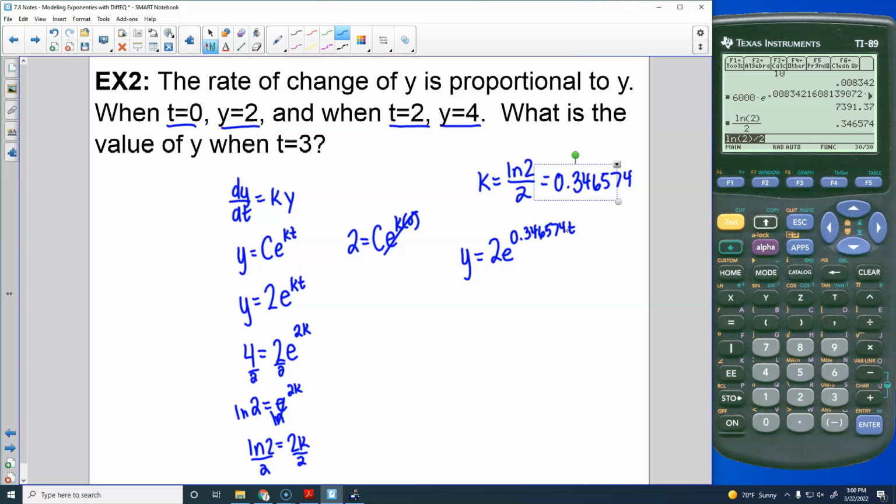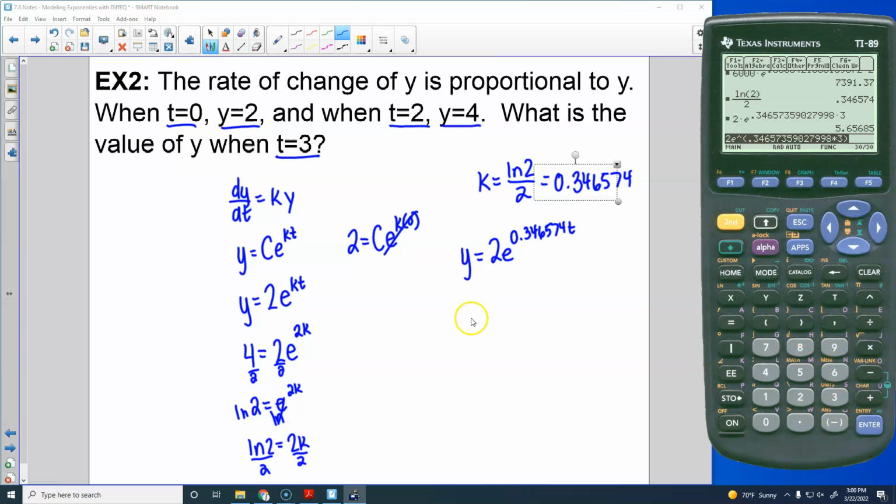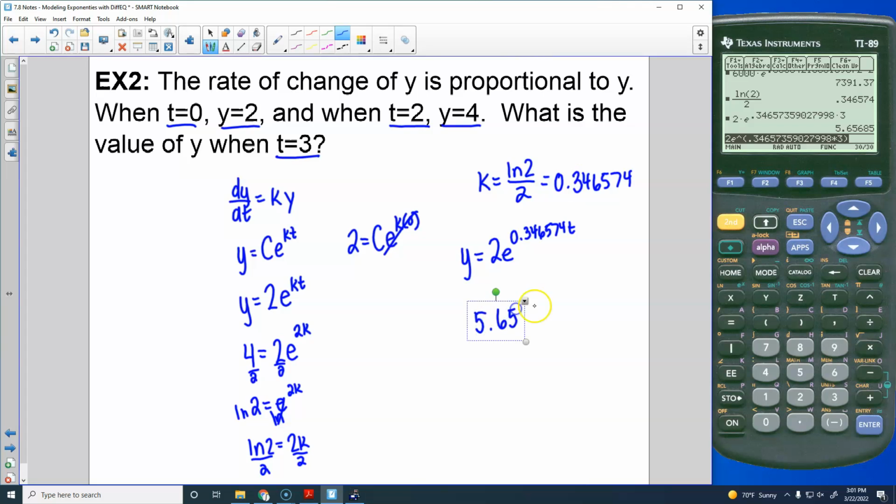You can use that, but make sure you still have the t there. If you want to know the value of y when t equals 3, we're just going to plug in 3: 2e to this number times 3, and we are going to get 5.657 as our answer.